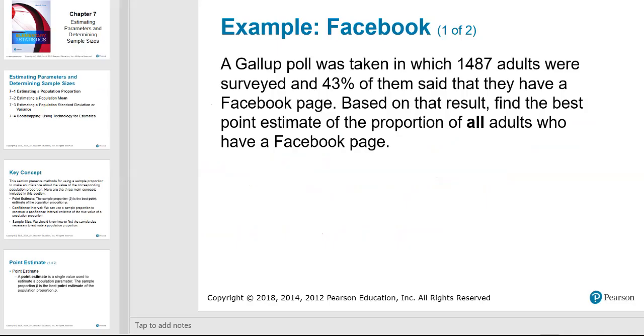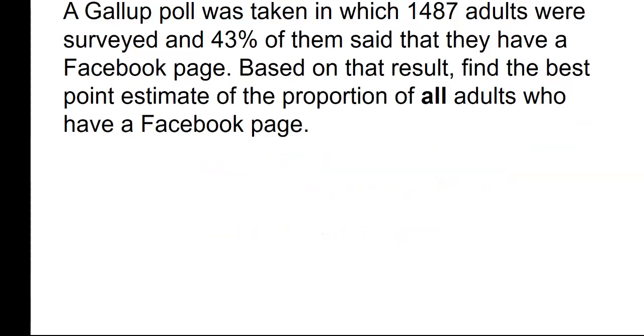So I'd like to go to the slide. A Gallup poll was taken in which 1,487 adults were surveyed, and 43% of them said that they have a Facebook page. Based on that result, find the best point estimate of the proportion of all adults who have a Facebook page.